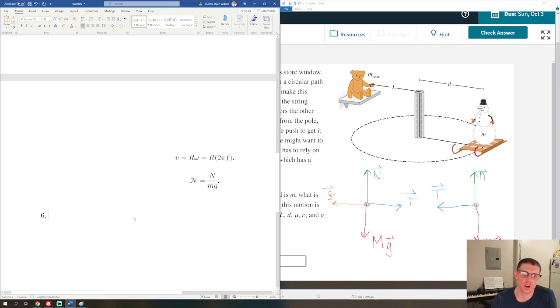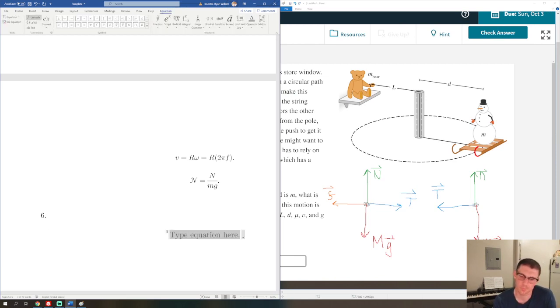All right, so I'll do the bear here, and then I'll have you help me do the snowman and sled. So we just do the usual thing, right? Nothing surprising about this at this point, probably. In the x direction, remember I'm taking my positive x direction to be pointing to the right, which is what we usually do.